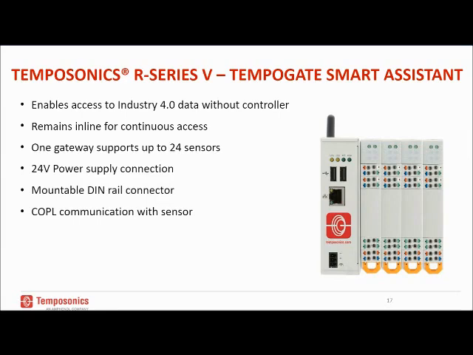And lastly, it communicates between the sensors with COPL, which is what I mentioned before. That stands for communication over power lines. Okay, so the data that we're talking about, this Industry 4.0 data, is being exchanged or passed back and forth between the gateway and the smart sensors via COPL communication.